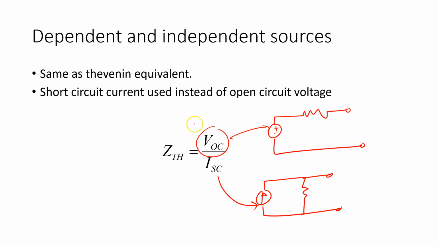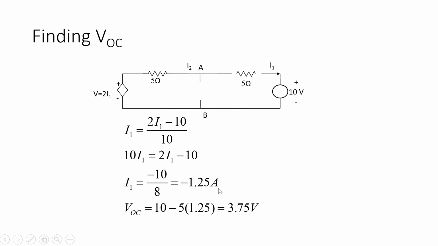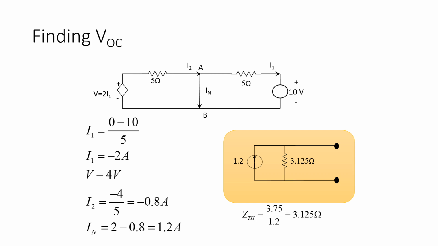But I still have to go through both calculations in order to get my Thevenin equivalent resistance. So let's look at the same example from our Thevenin equivalent circuit. I find the open circuit voltage here, and you could go through this again and you'll find the open circuit voltage is 3.75 volts. And then I find the short circuit current, and I find that to be 1.2 amps.